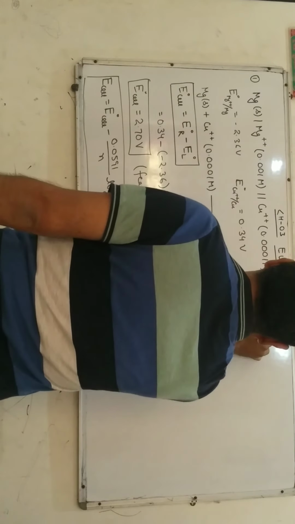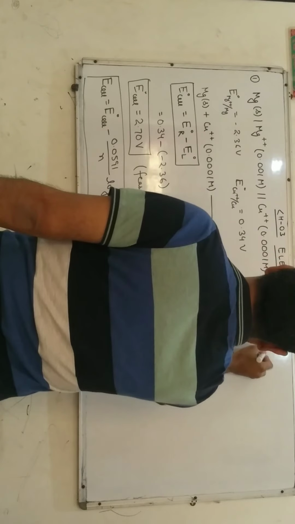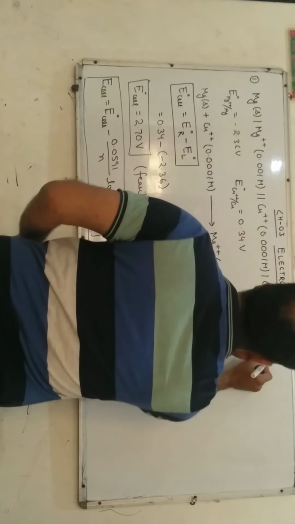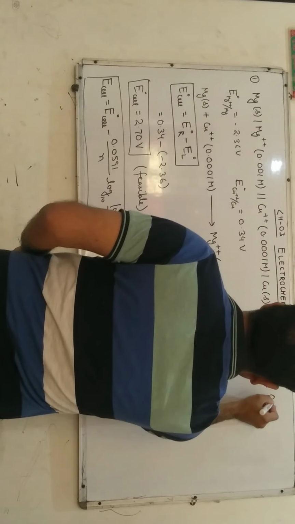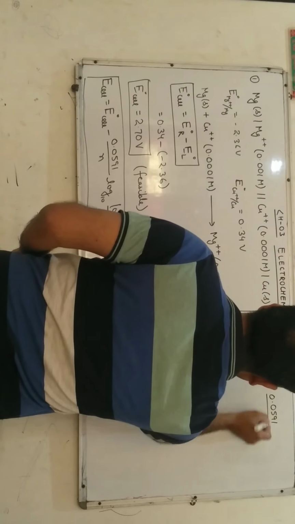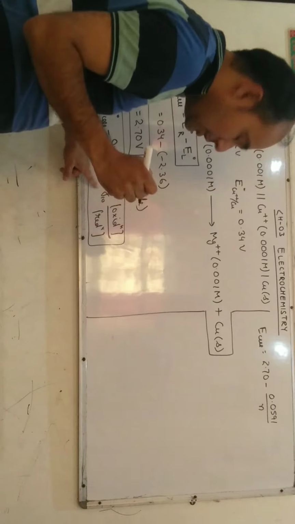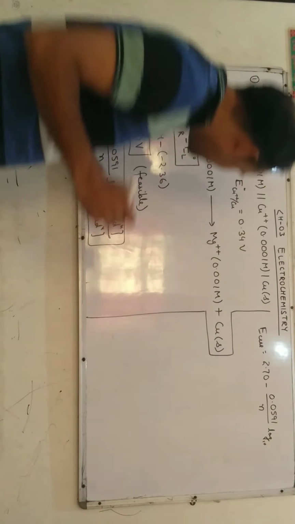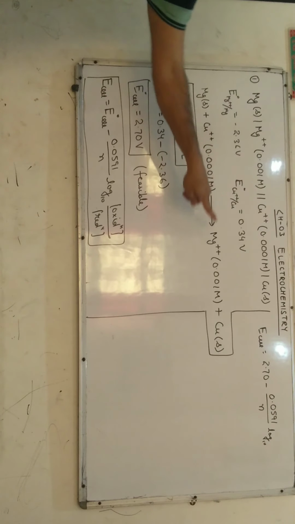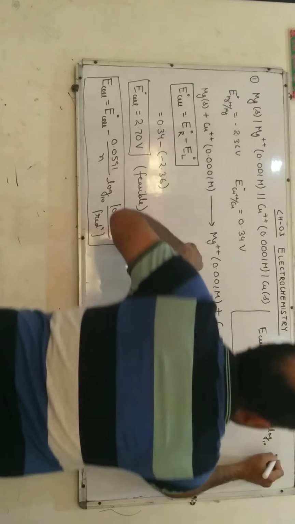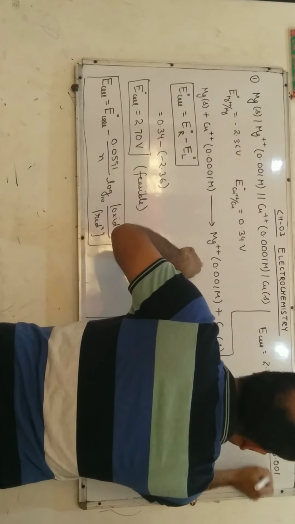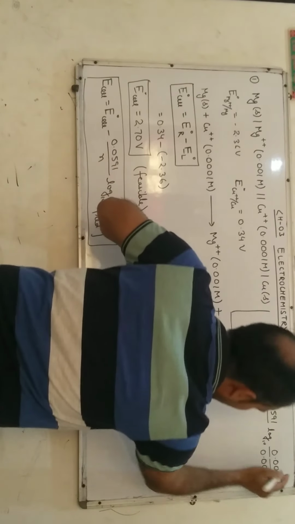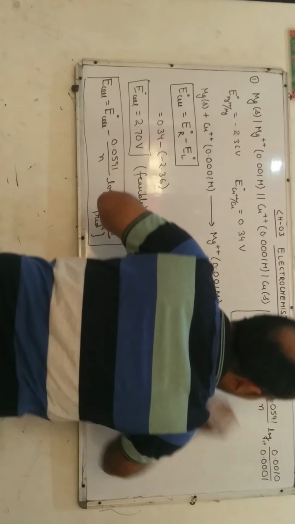E cell is equal to E naught cell value we earlier calculated, 2.70 volts, minus 0.0591 upon n, log base 10, concentration of oxidation of magnesium, which is 0.001, and concentration of reduction, which is 0.0001.